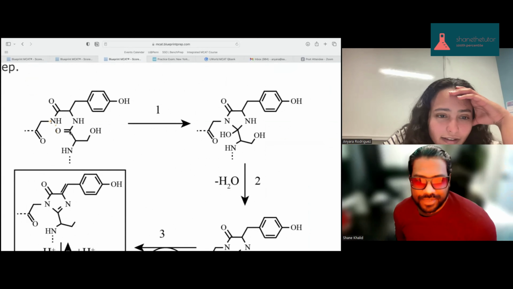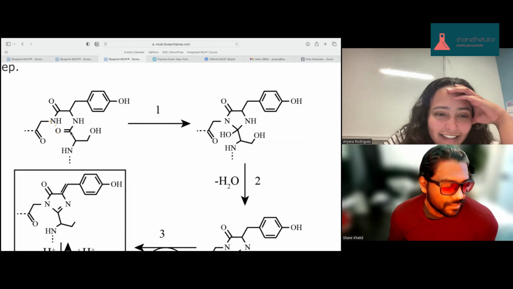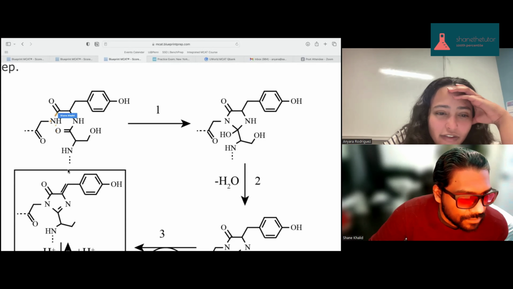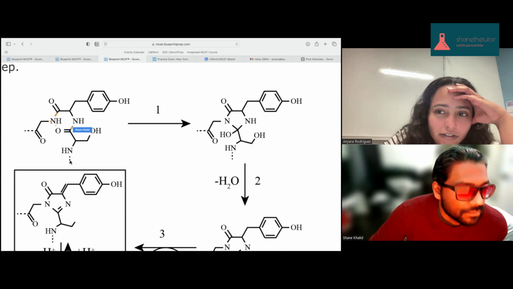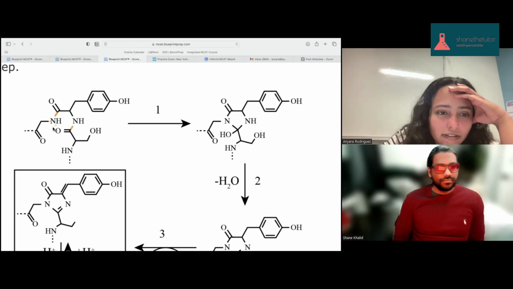That's a good idea. I forgot you could do that. So I guess this would be another one. It's just not shown. This is one. This one.